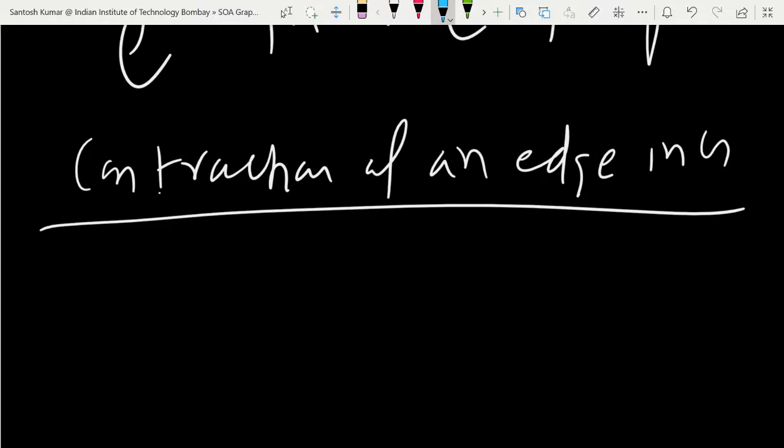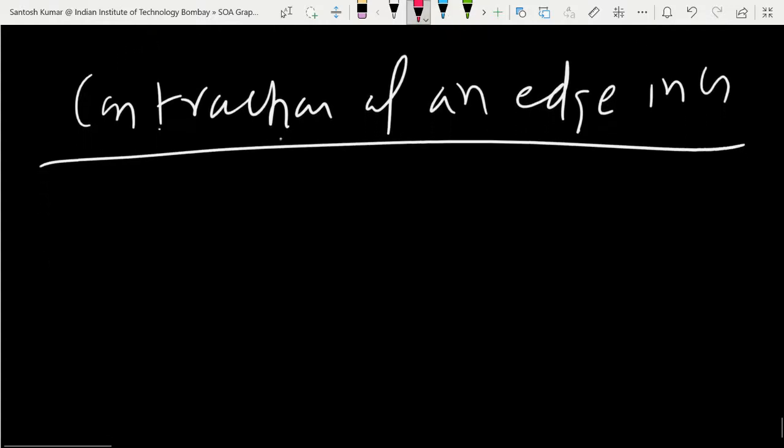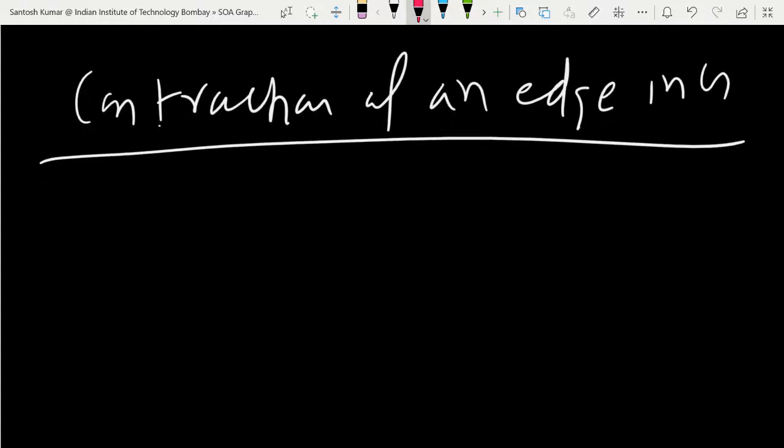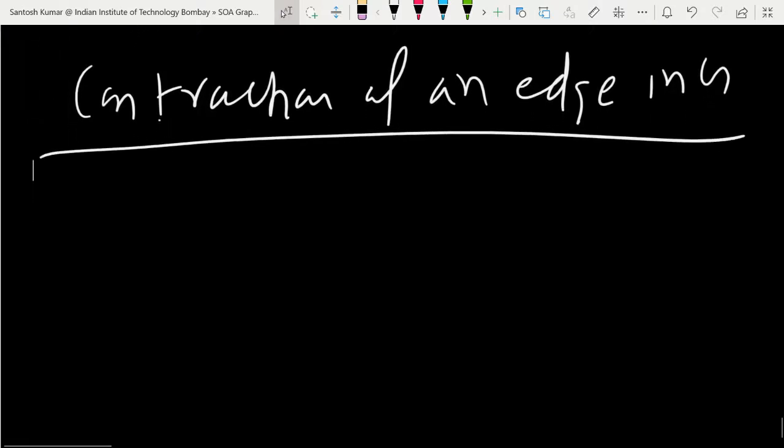Yes, sir. Shrinking. Yes, so you shrink the edge to a vertex.